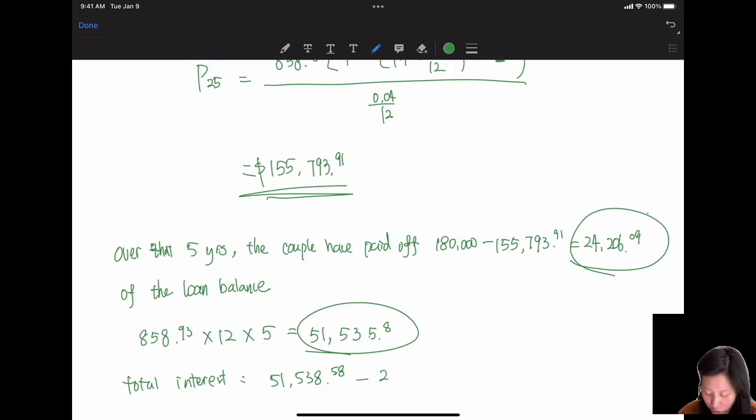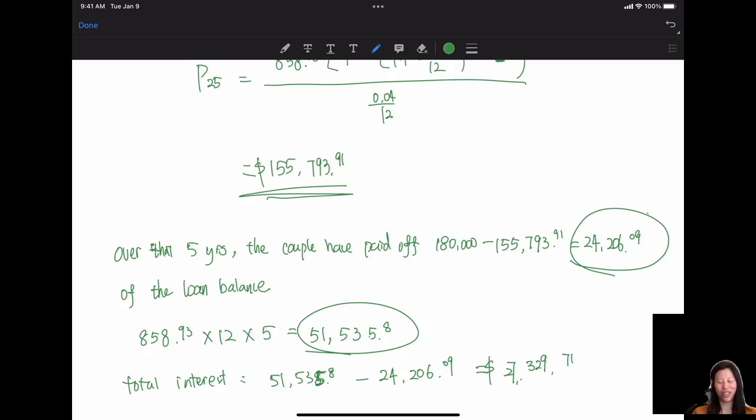So if we subtract that, we will get the interest. Oh, did I write this wrong? I think I wrote this wrong. So your interest paid is $27,329.71.